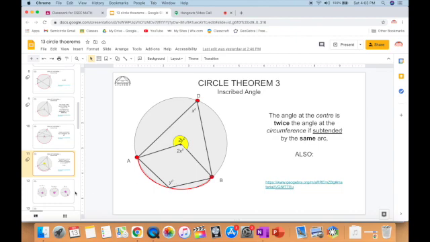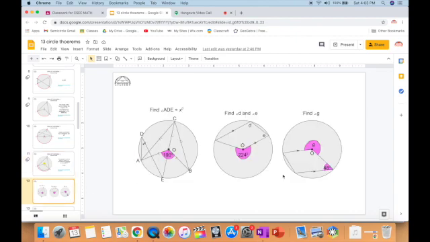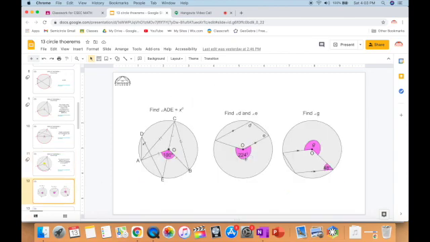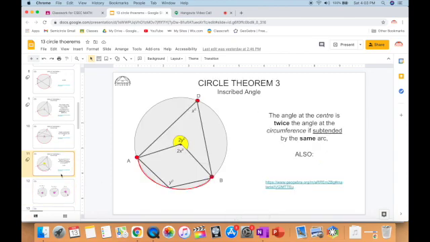Well, same thing here. You have to be able to see it. You have to take what you know and be able to see it. So take a look at this. The angle at the center is twice the angle at the circumference, and it's the same thing for the reflex angle on this side.